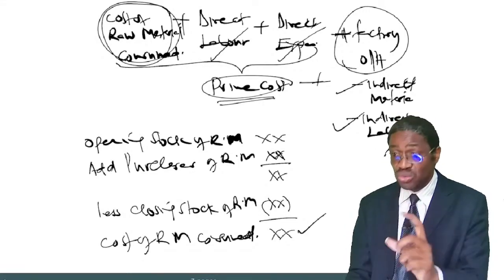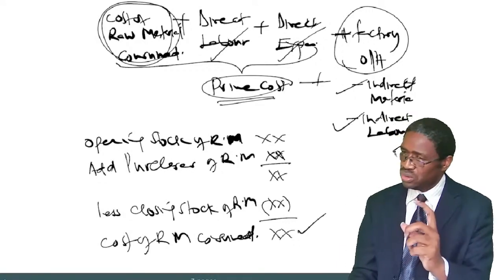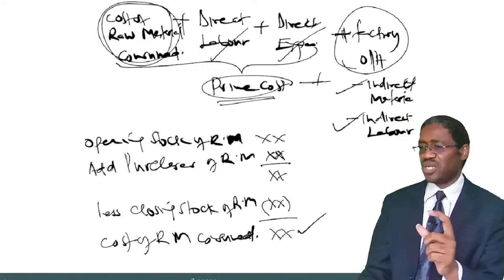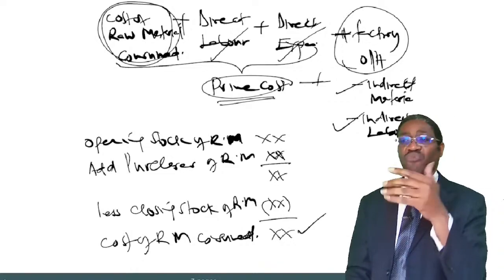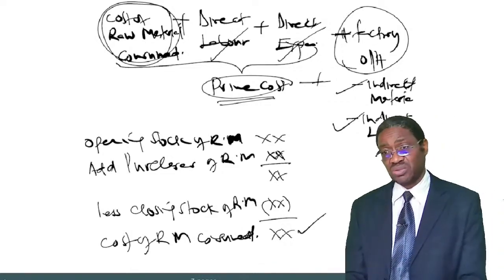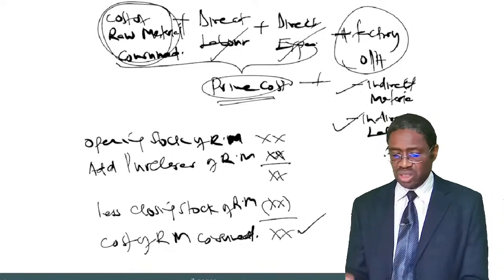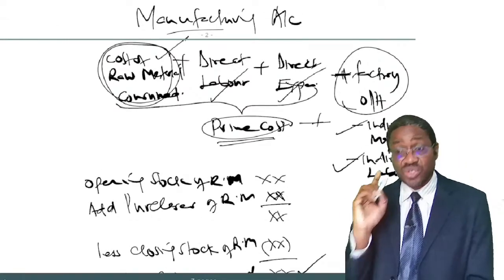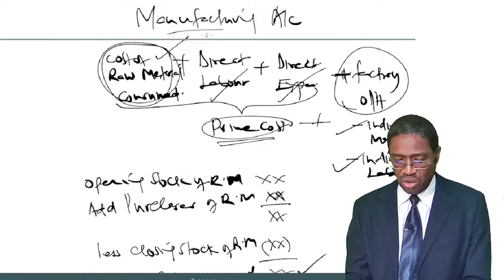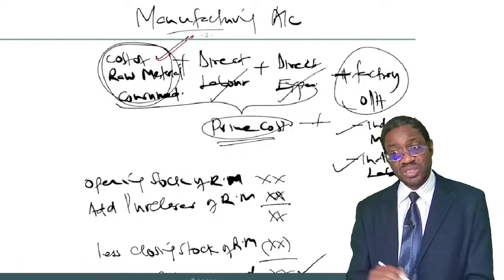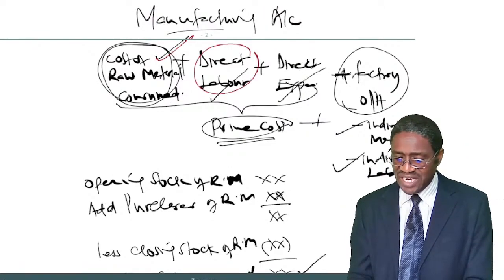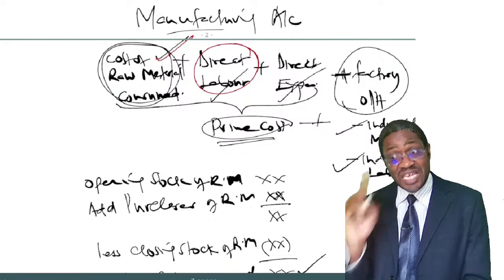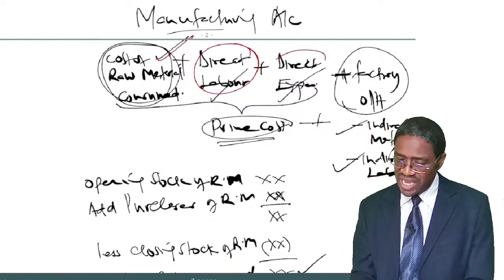To get the cost of production, you have to prepare the manufacturing account. I told you, you take the cost of raw materials consumed, add direct labor, add direct expenses.